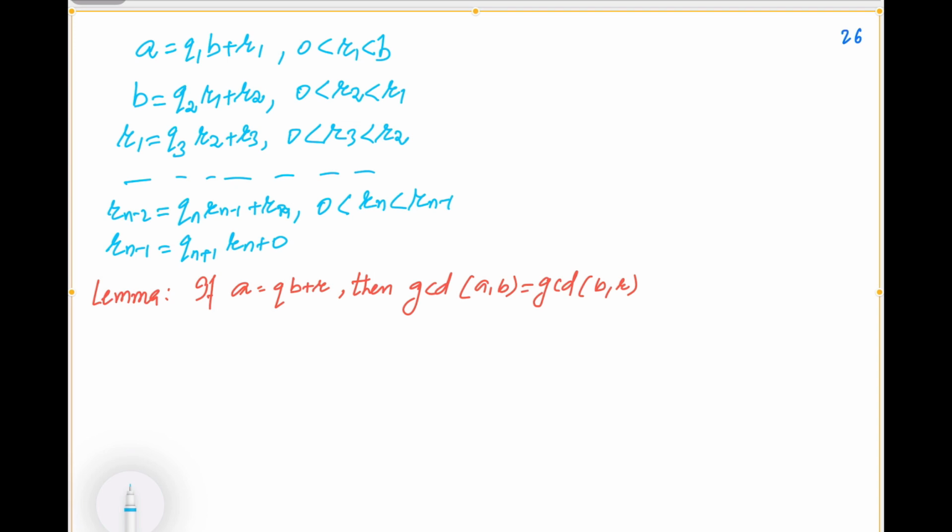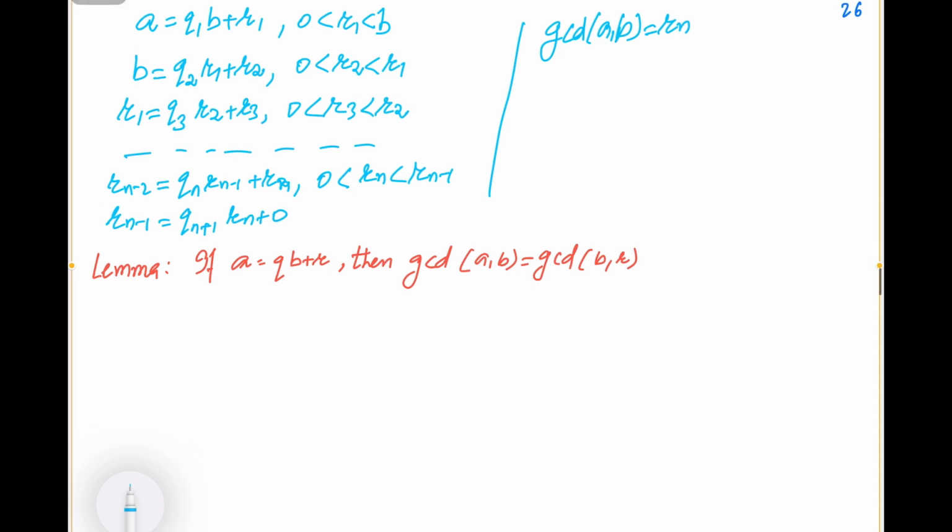Now here we claim that GCD of A and B is Rn. Now to prove this, we need this lemma.